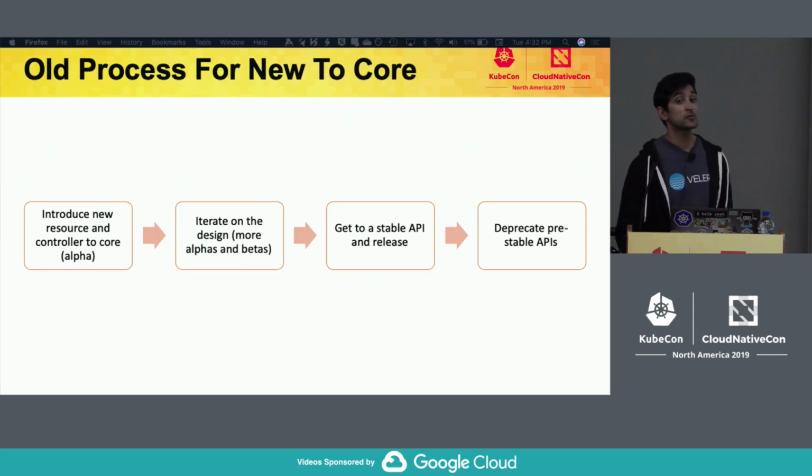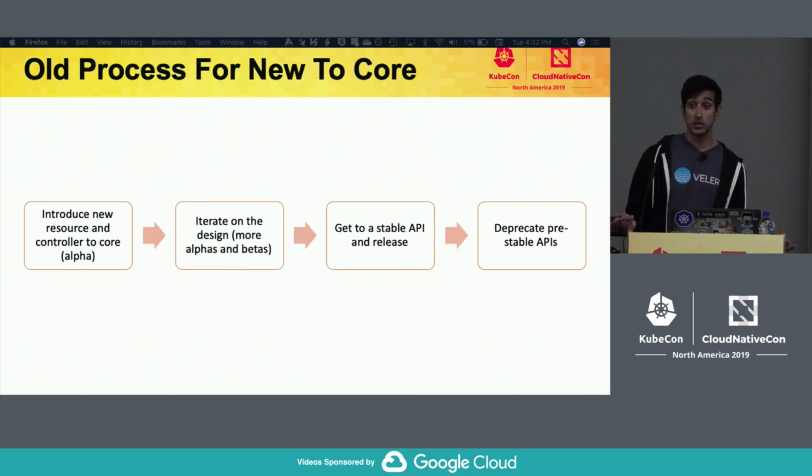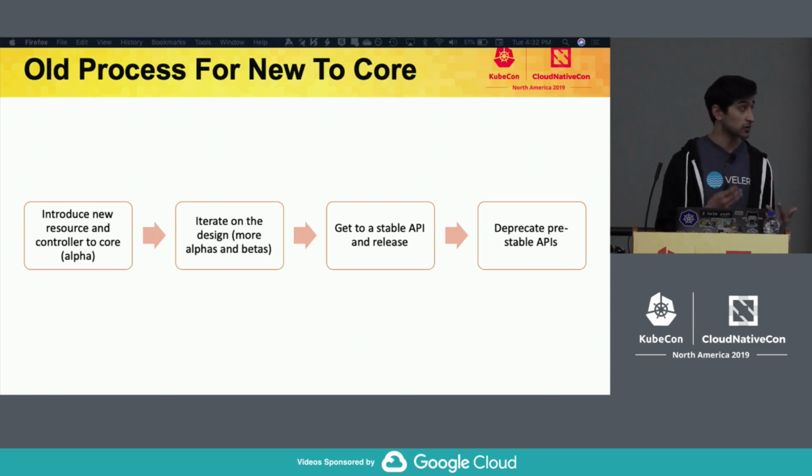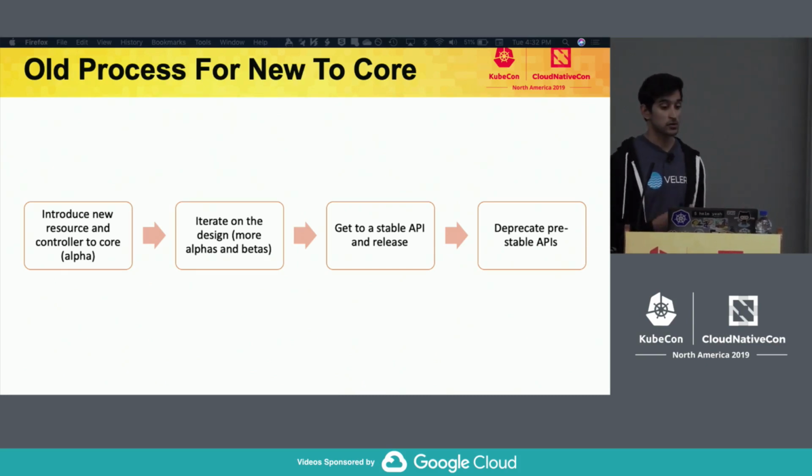So if I was working on a completely new API or feature, the process I'd go through originally would be, first, I'd go through the KEP process and get my KEP out there and approved. There'll probably be some back and forth on the design, and we'd meet in SIG Apps meetings to discuss it. But once it's approved and merged, I can start writing code.